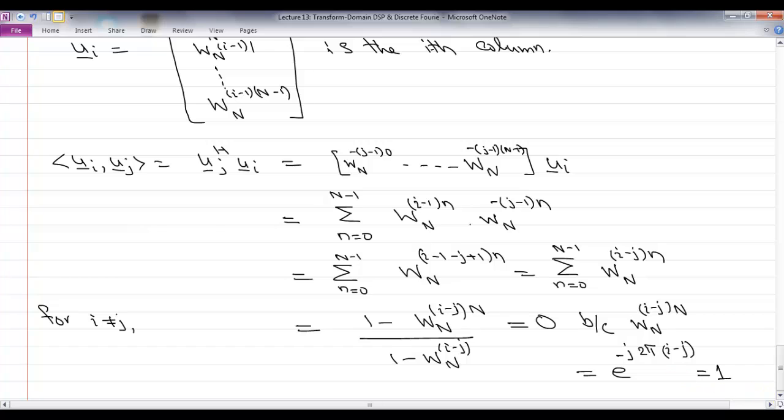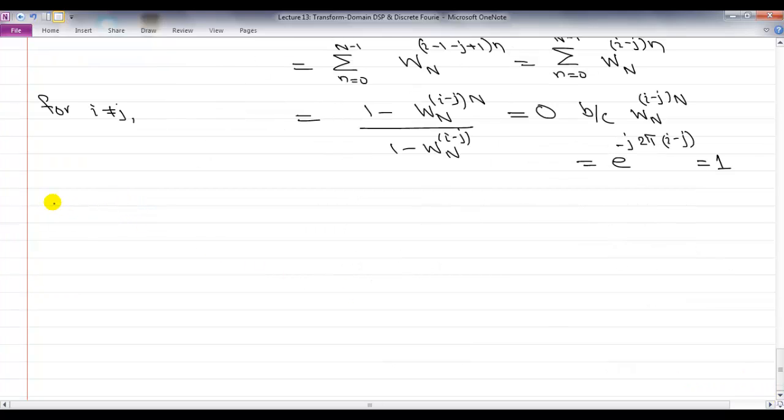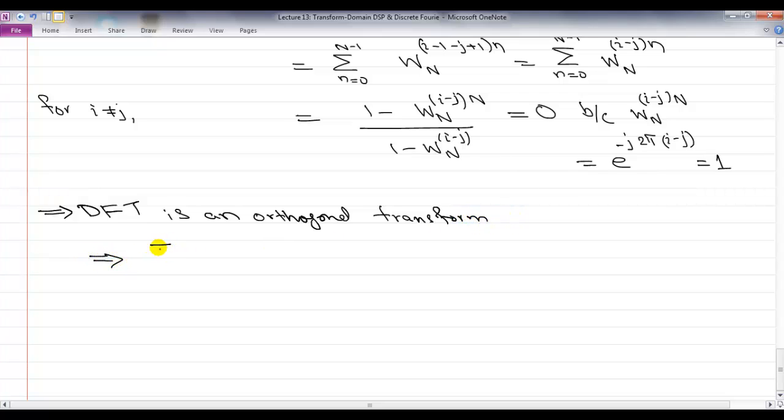Okay. So we know the DFT is an orthogonal transform, and this means that if I talk about U Hermitian U, that will be simply a diagonal matrix where the first diagonal entry will be U1 Hermitian U1, the second diagonal entry will be U2 Hermitian U2, and the last diagonal entry will be Un Hermitian Un, and everything else will be equal to 0.